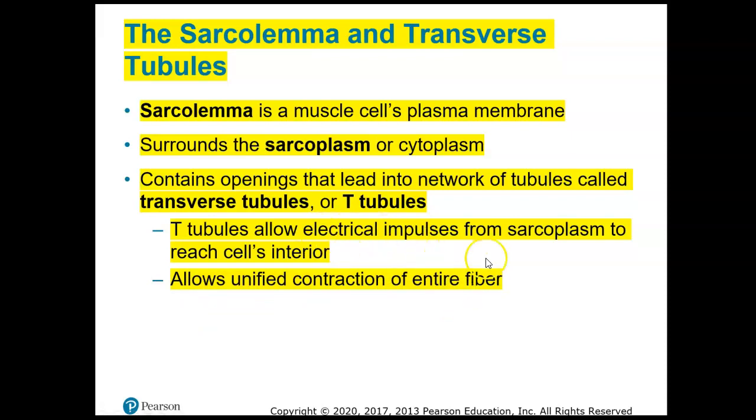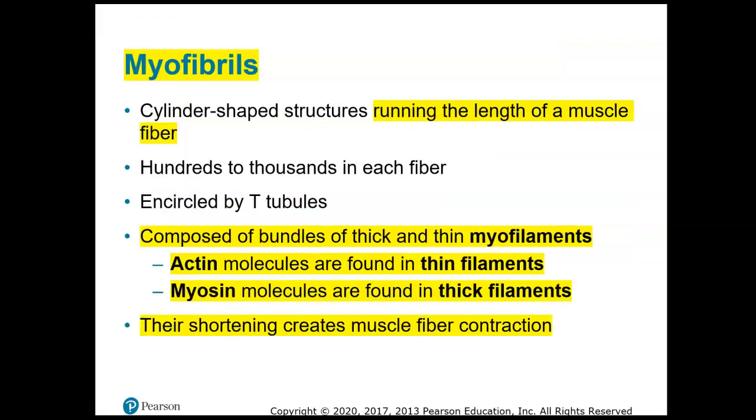So, three terms right now. We know the sarcolemma is the plasma membrane of a muscle fiber, sarcoplasm is the cytoplasm, and T-tubules conduct impulses from the sarcoplasm to the interior of the muscle fiber. Now, myofibrils run the length of the muscle fiber.